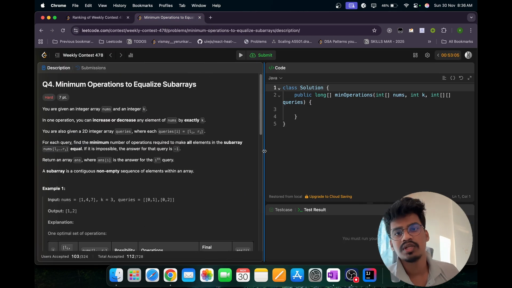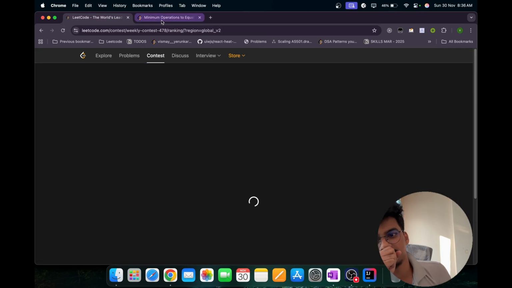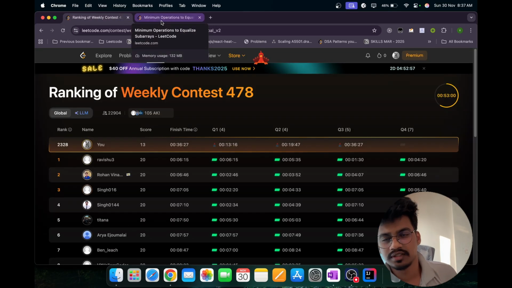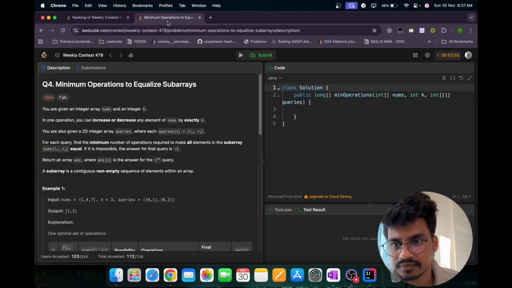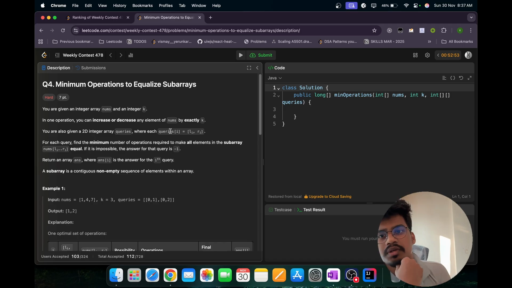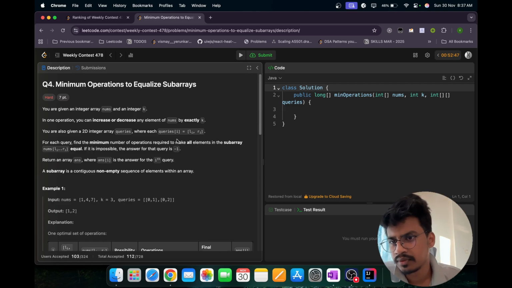Minimum operations to equalize subarrays. Now this is something which will actually decide. We have about an hour. We are given an integer array nums and an integer k.